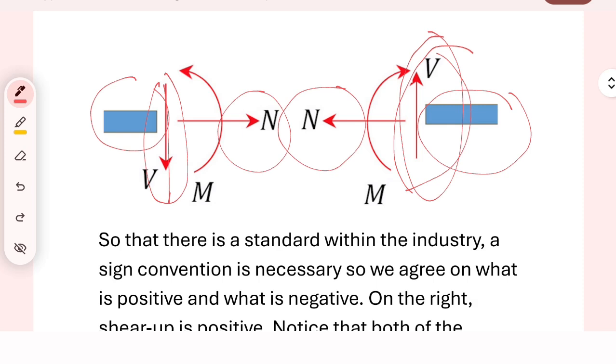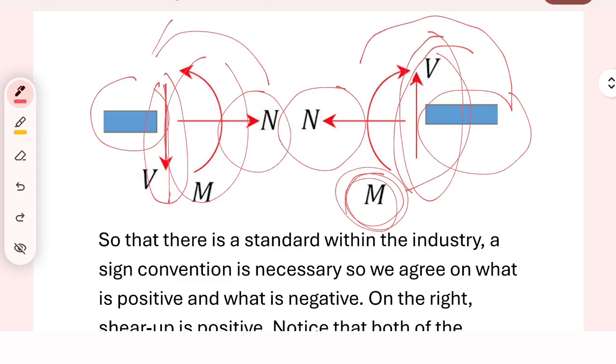And if you look at the bending M, this one rotates clockwise. The other one rotates counterclockwise. So the directions of the bending from both sides are different, to maintain equilibrium.